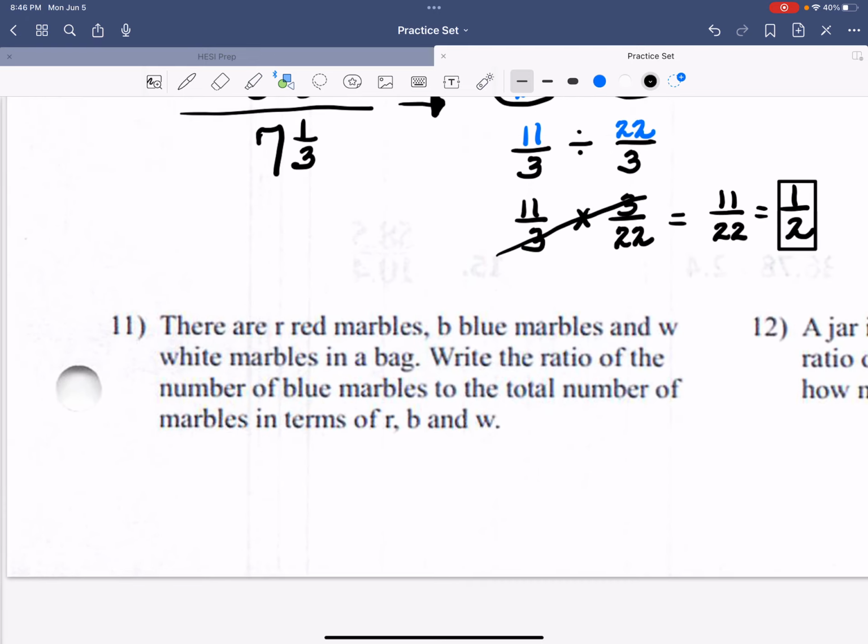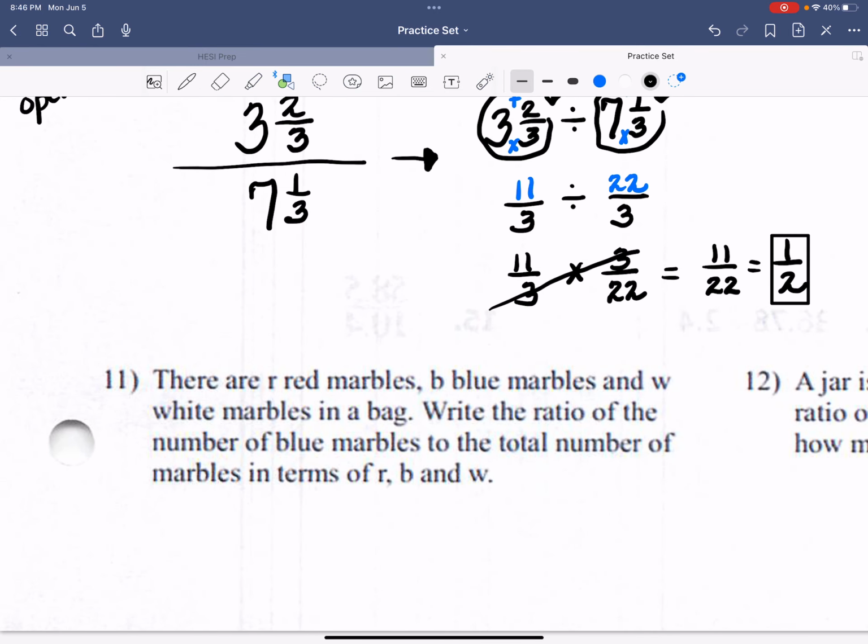Number 11. There are R red marbles, B blue marbles, and W white marbles in a bag.